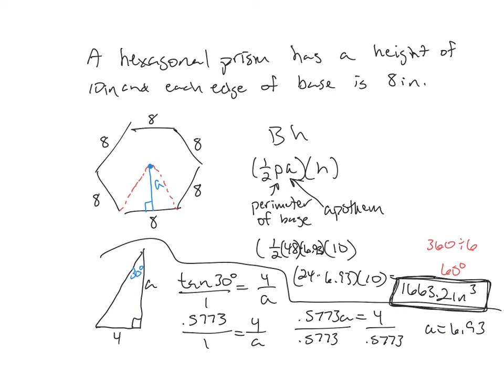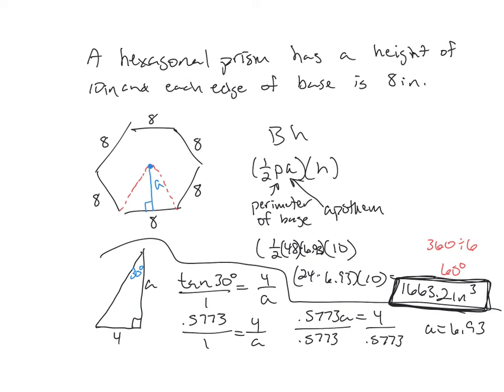So most of the problems where you're finding the volume, you will have just either a triangle or a rectangle, and those should be pretty straightforward. Okay, the ones that are going to be more challenging, there's 2 of them.